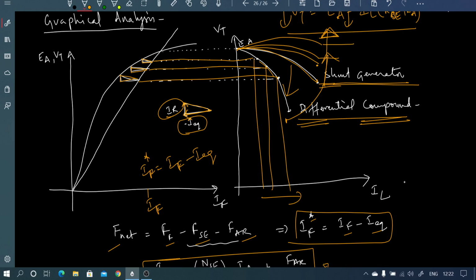Okay, so this is all about the three self-excited generators: series, cumulative compound, and differential compound generators, and their terminal characteristics calculated using graphical analysis. So I'll stop here. I hope you have understood.